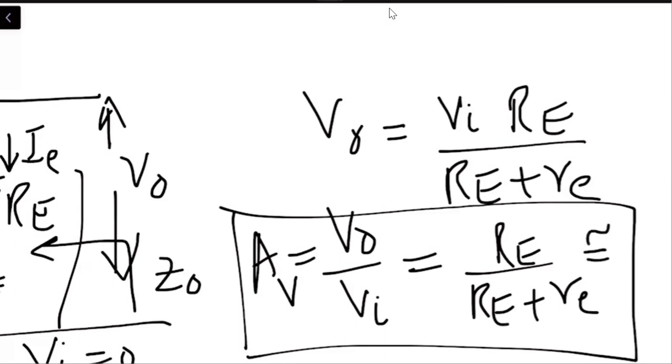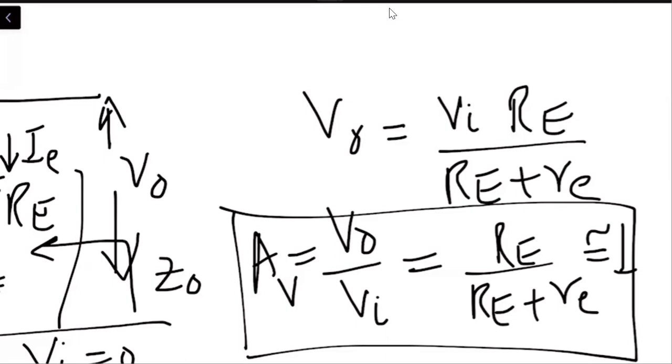So the gain is approximately equal to 1. This means in the emitter follower configuration, the voltage gain is almost 1, and there is no phase shift between the input and the output waveforms in the voltage.